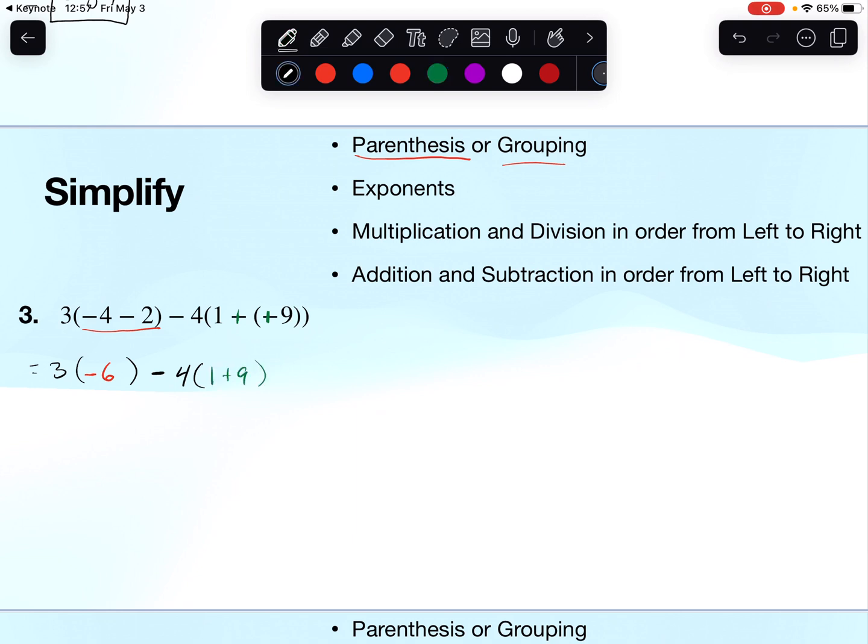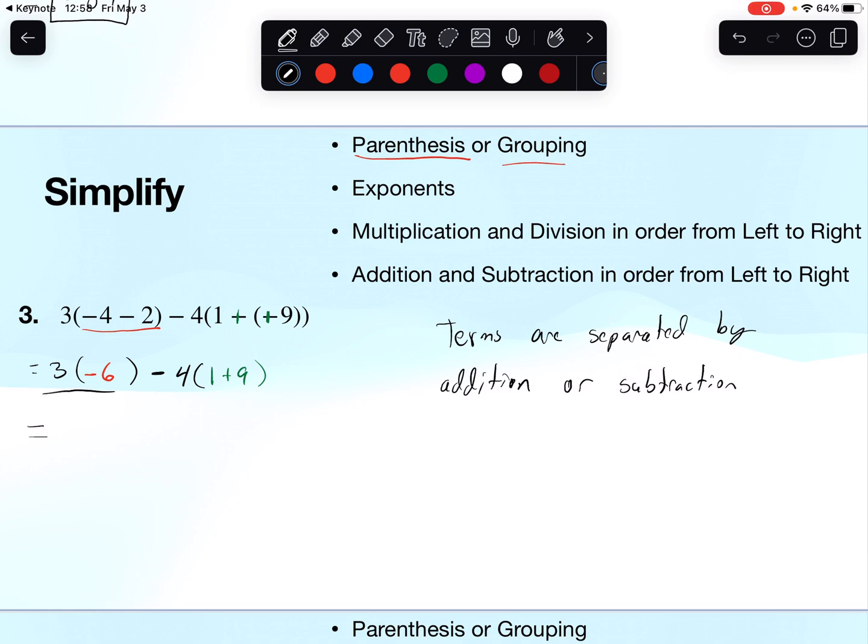We got a little bit more parentheses to do, and actually, terms are separated by addition or subtraction. And so we could actually work out each piece separately.